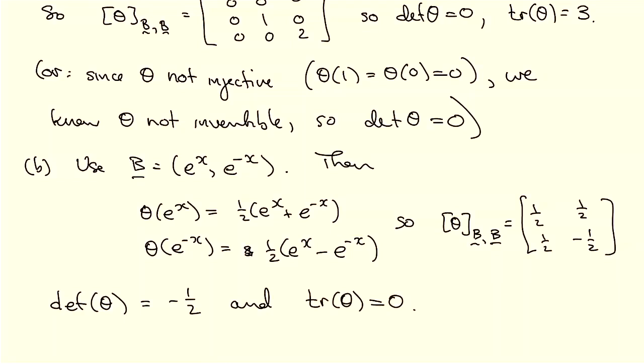I don't know if there's a way of knowing that the trace is 0 without making a calculation. Not sure. All right, so they're all pretty much the same kind of stuff. Let's skip the next one and move on to, maybe we'll look at the one with composition.